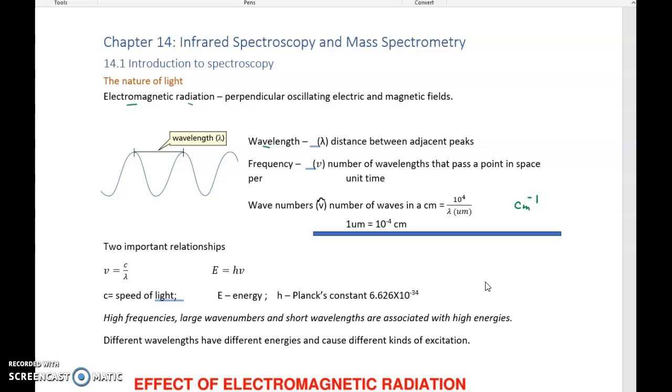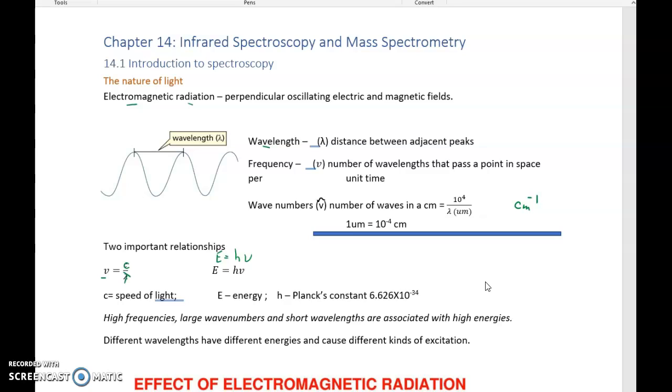There are a couple of important relationships that you need to know. The frequency, which is this little V sign, is equal to c, the speed of light, divided by the wavelength. And the energy is equal to Planck's constant times the frequency.